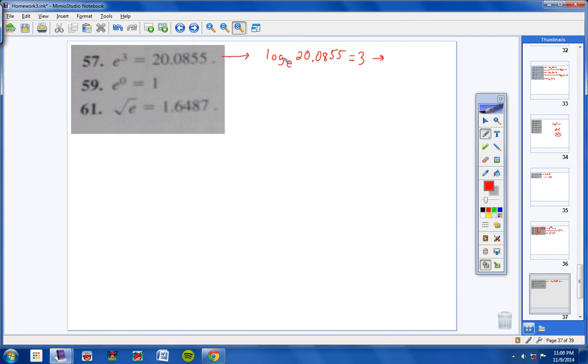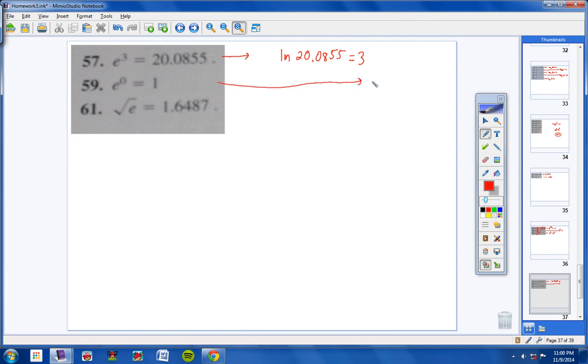So instead of log base e, we're going to put the natural log. Okay? Here we go.